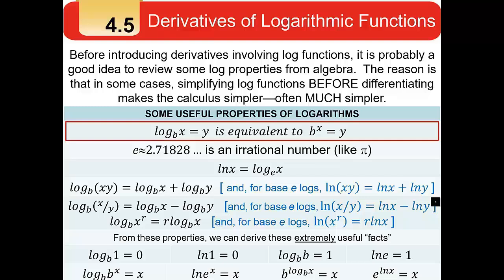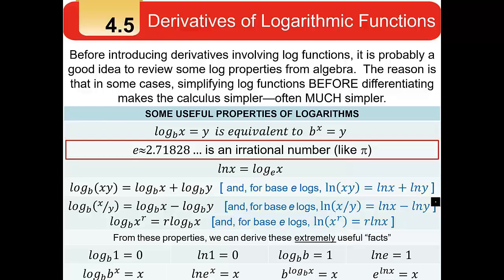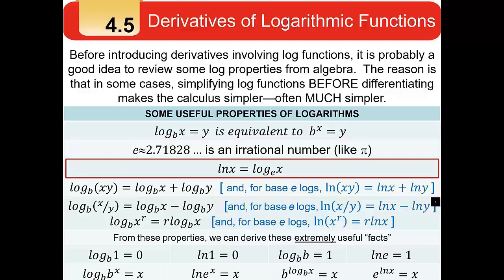One of the basic facts is that when you write the log of x base b equals y, that's equivalent to an exponential equation, b to the y equals x, and you spent some time in previous algebra courses with problems that tell you to change from one form to the other. You also came across the irrational number e, which is about 2.71828, similar to pi in that it's irrational and has an infinite decimal representation, which is why we use a symbol for it.